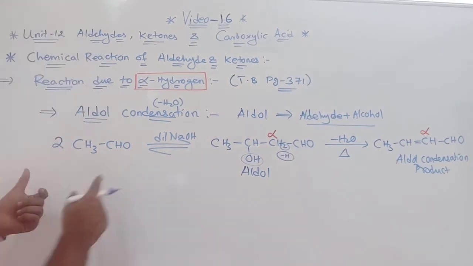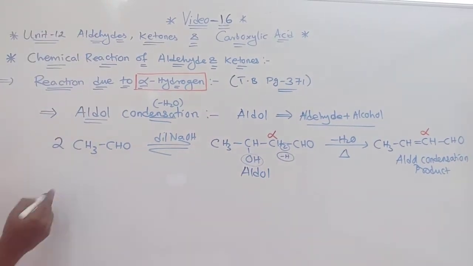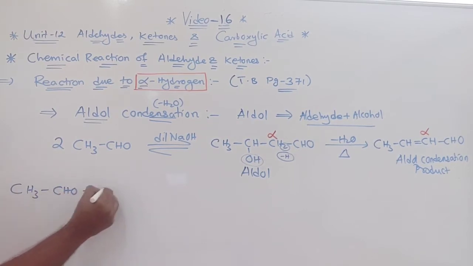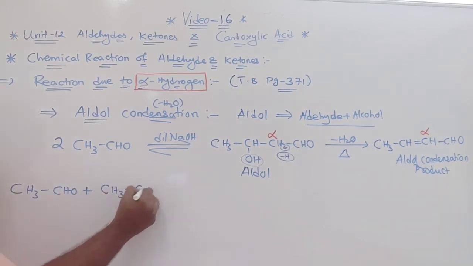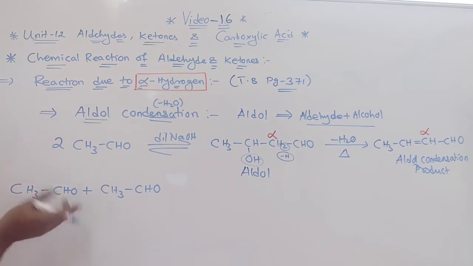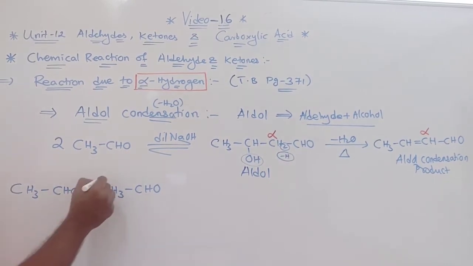So this part can be explained in a very simple way. Here two molecules are given. I will write this separately. See, CH3CHO plus CH3CHO, like this. Understood this part? Now, in this case, this CH3CHO, if you want, you can write it with the double bond also, or there is one simple technique. Look here, I will write this as alpha.